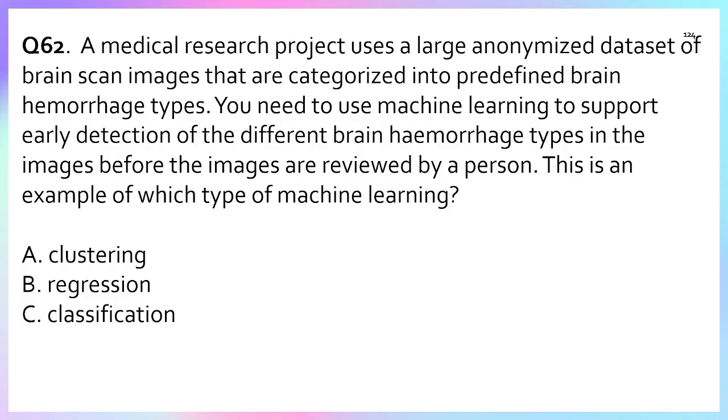So this definitely goes in classification, not clustering, because it's not related to grouping. Option B, regression, is not correct, because it's not about predicting a continuous value. We need to define whether it is part of that or not. So simply we can go with option C, classification.